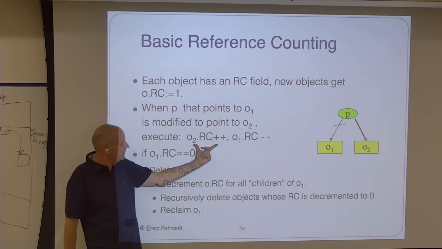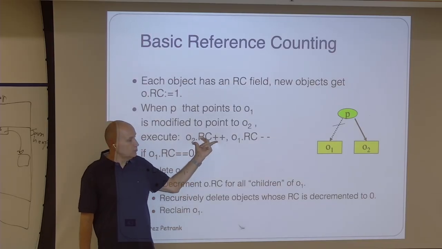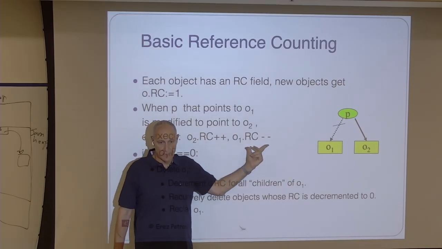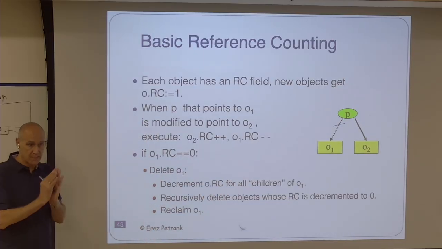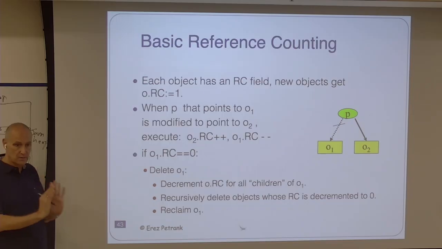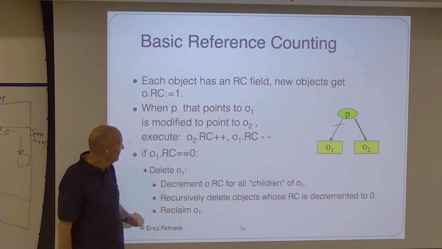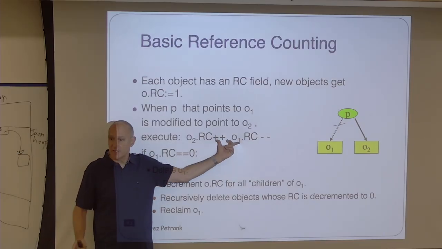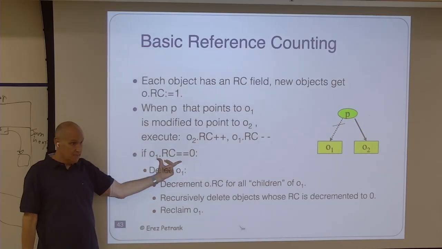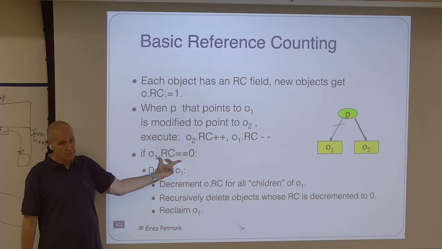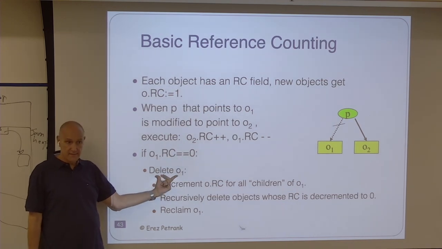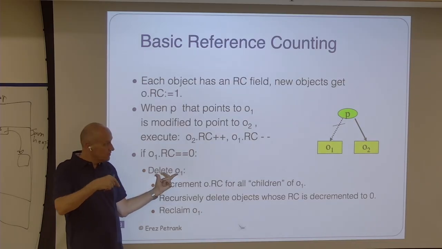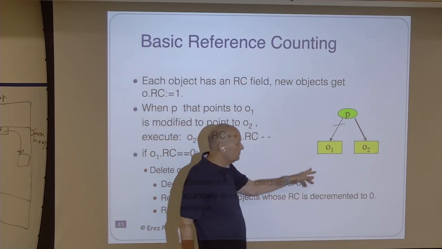I have to increment the reference count of O2 and decrement the reference count of O1. If I do that, the reference counts become right. After I change a pointer, maybe the reference count of O1 becomes 0. If it becomes 0, it's reclaimable, so I delete it. When I delete it, it has children. It may be pointing to other objects.